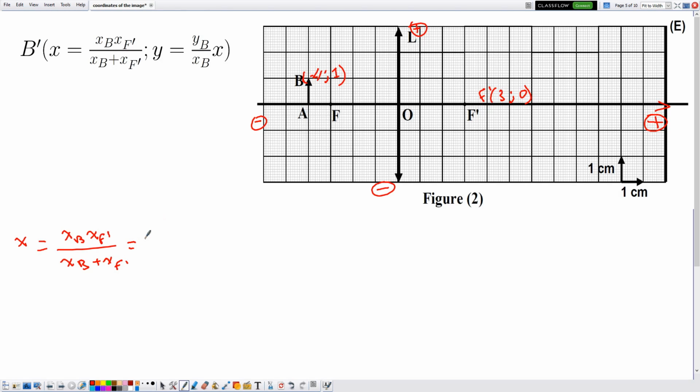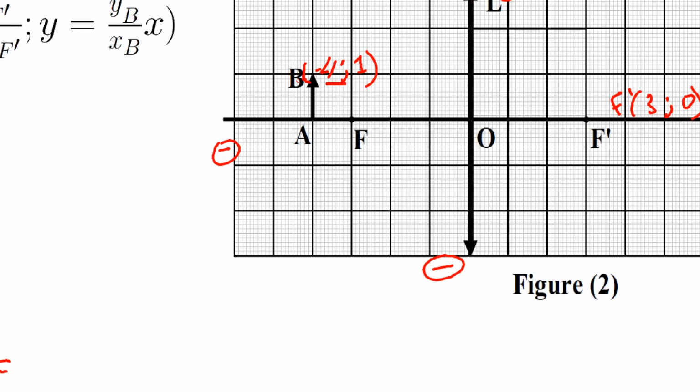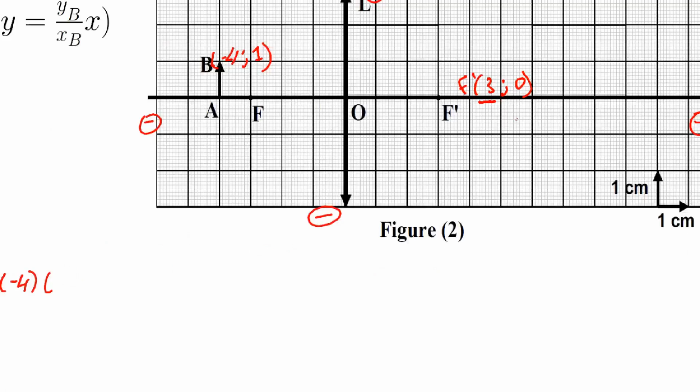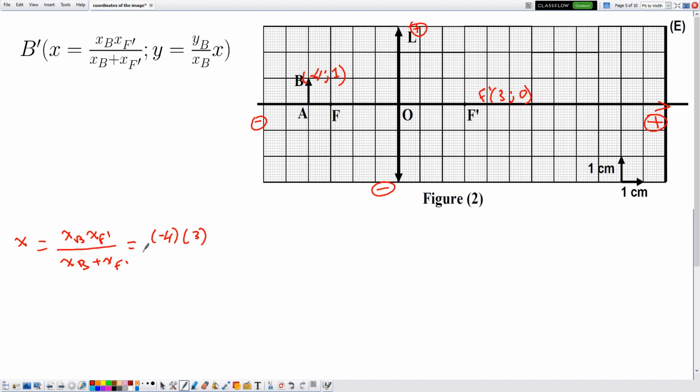So now x is equal to xB multiplied by xF' divided by xB plus xF', which is equal to, so the value of xB is given by -4, and the value of xF' is given by 3. So -4 plus 3, this will give us -12 divided by -1, so x is equal to +12. And the value of y is given by yB divided by xB multiplied by x.